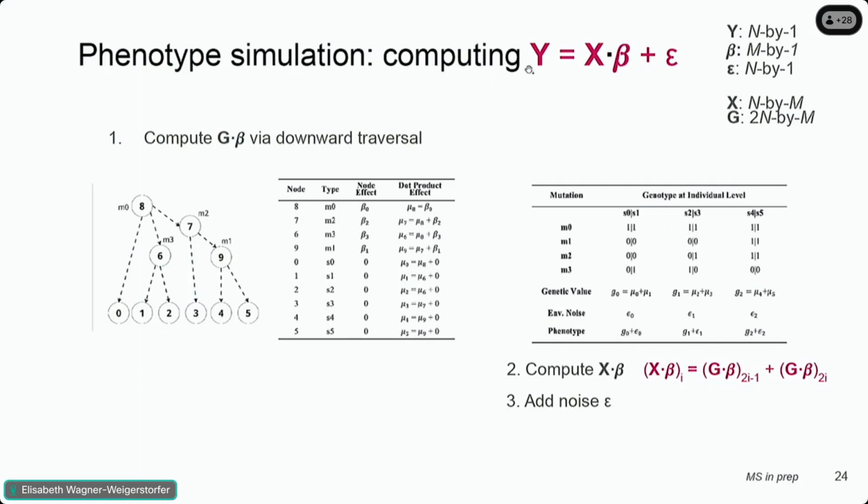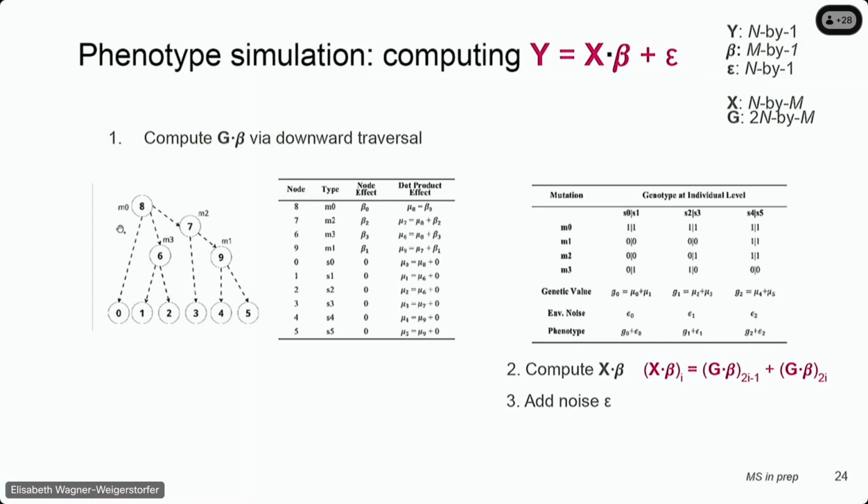So in our graph, we can compute this matrix G multiplied with this beta. And beta are the effect sizes of the mutations. So some of these mutations on this node would have some effect. How do we compute this G multiplied with beta? That is a downward graph traversal based on this topological order. If we move from node 8 to node 7, we would first need to assign a value to node 8.